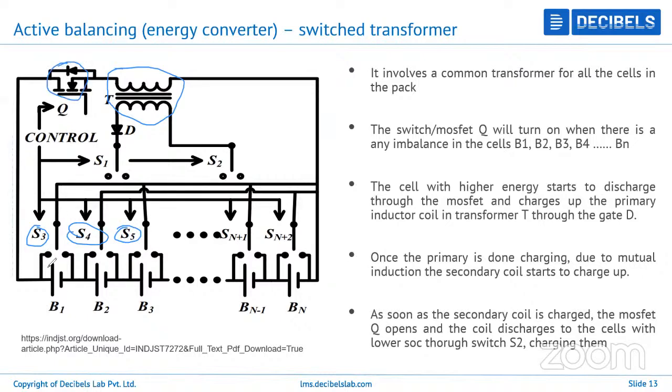So whenever there's a difference between two cells, say B1 and B2, again, the controller will close the switches for B1 and B2 respectively, and the charge will flow through the transformer. There's a primary induction coil and then there's a secondary induction coil.